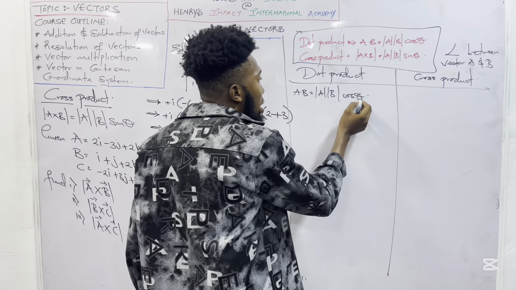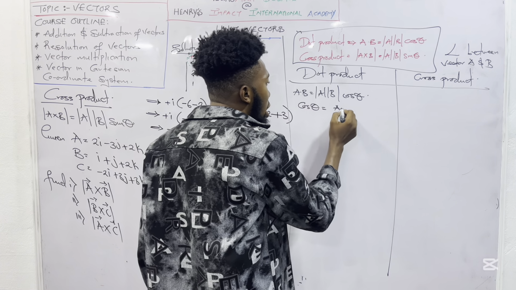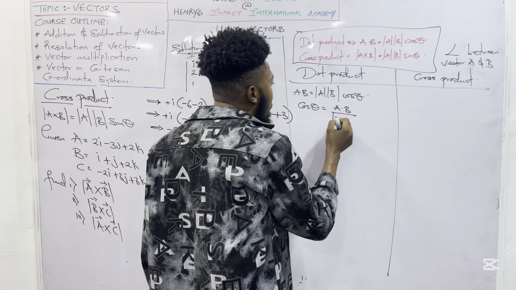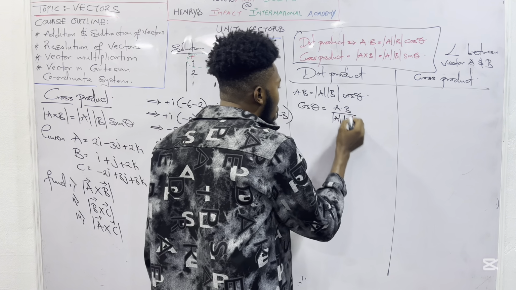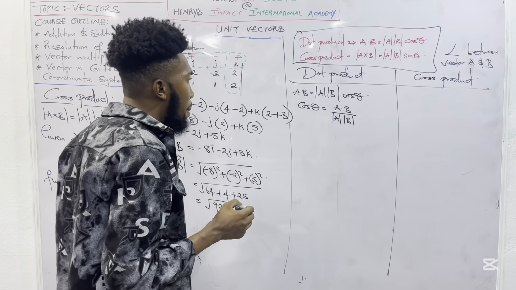Good. Let's make the angle the subject of formula. We'll be having cos theta is now equal to what? A dot B all over modulus of A modulus of B. Very, very good.